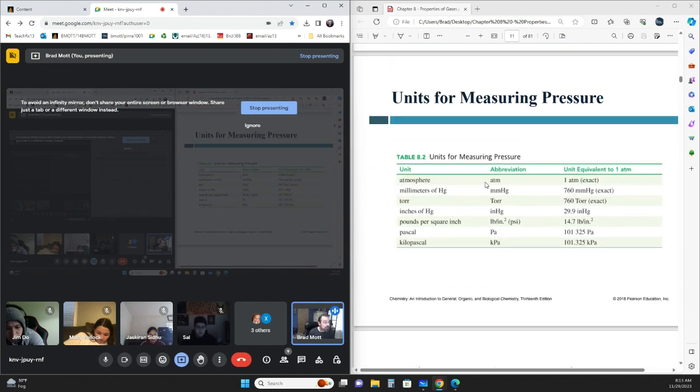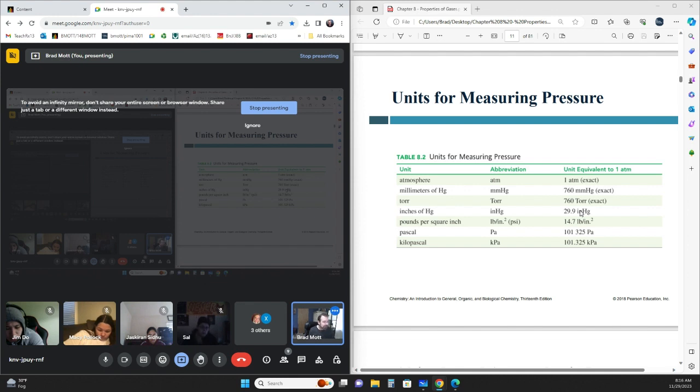So for pressure, we'll put these all as equivalent. 1 atmosphere is equal to 760 millimeters of mercury, 760 torr. Inches of mercury, which we will look at, is approximately 30 inches of mercury. When you're watching the news and they talk about barometric pressure, they always talk about inches of mercury.